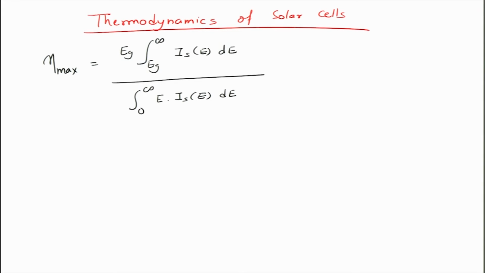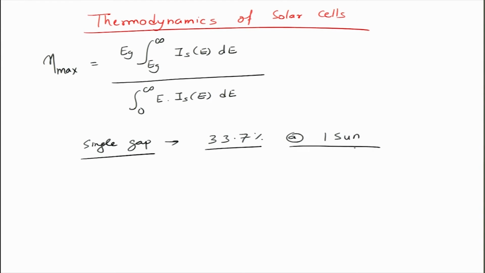If you do this analysis, then the maximum efficiency one obtains for single gap devices, which means there is a single semiconductor, is 33.7% at 1 sun, and this band gap is at about 1.4 eV.